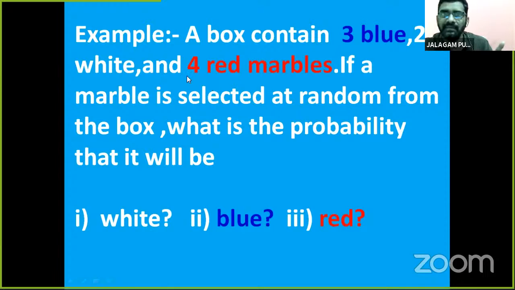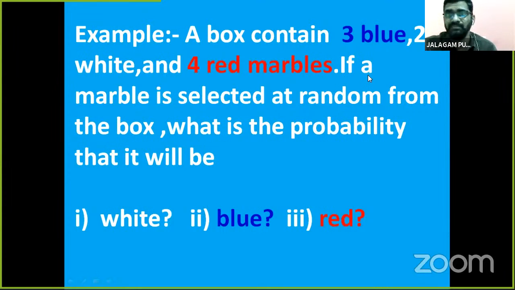How many red? 4. We can use these as balls also. Another problem created.